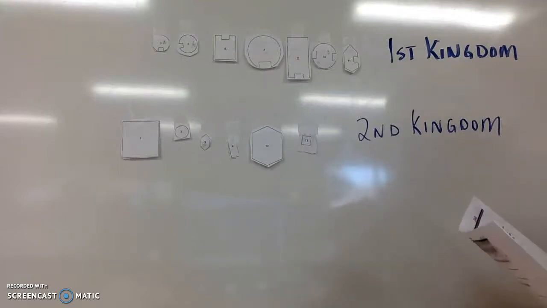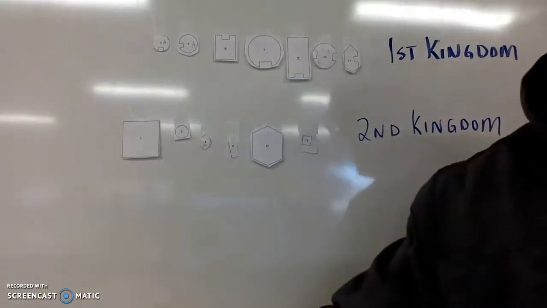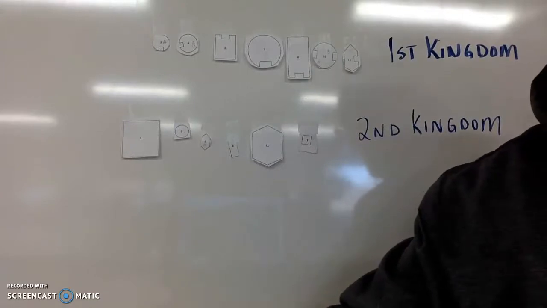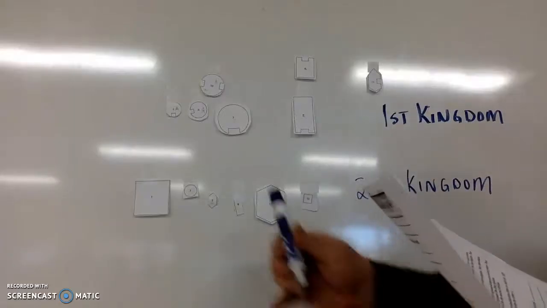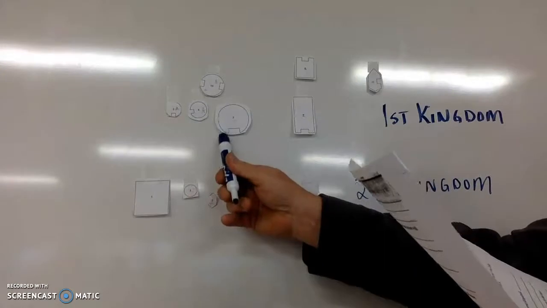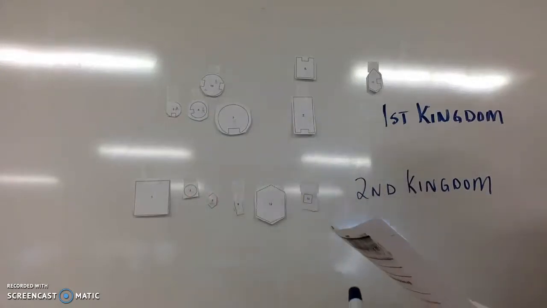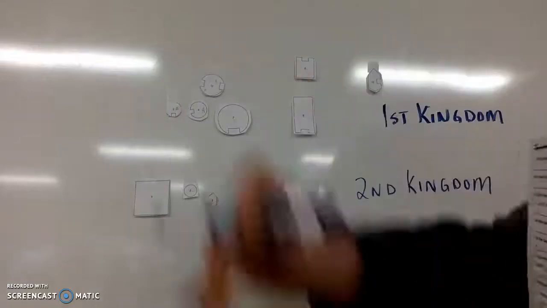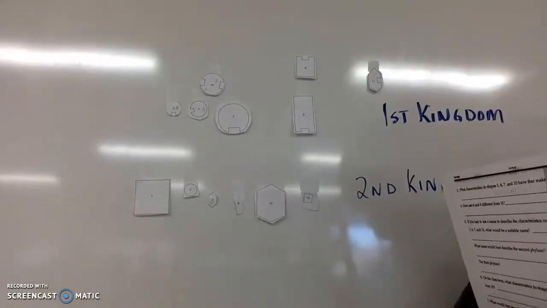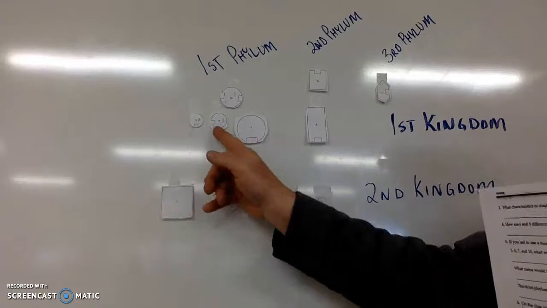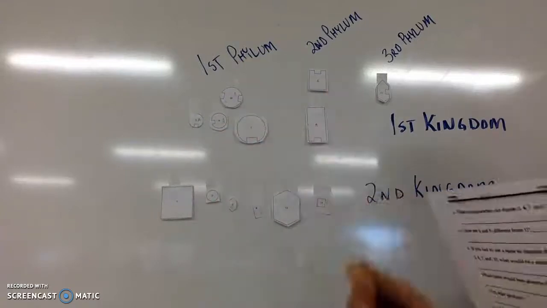Place shapes 3, 4, 7, and 10 into one group. These will represent the first phylum. I'm doing that now. So, as it said, we took 3, 4, 7, and 10 and put them into one group. So, 3, 4, 7, and 10 are the first phylum.